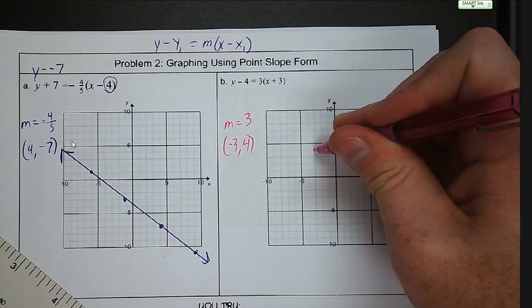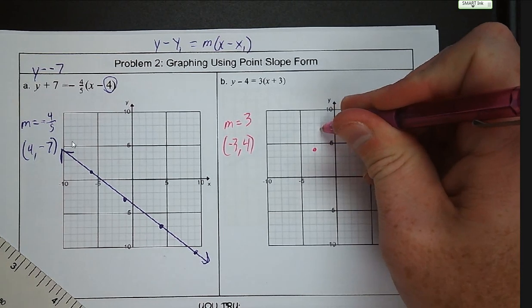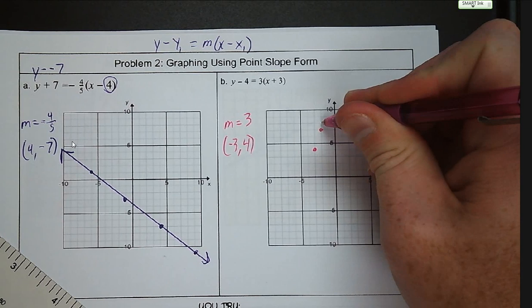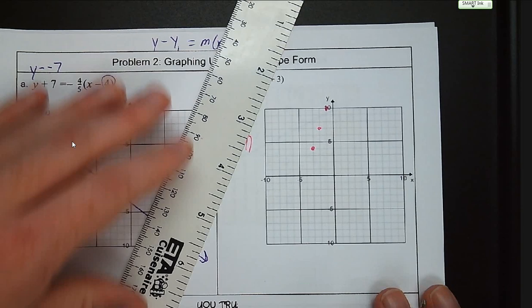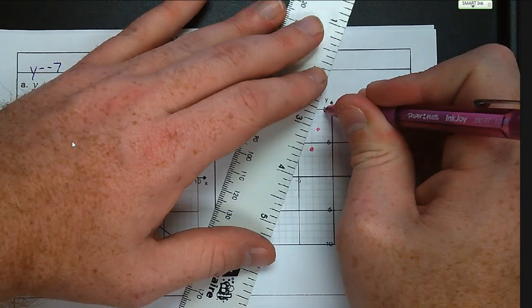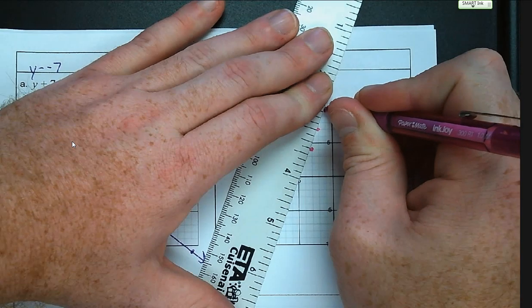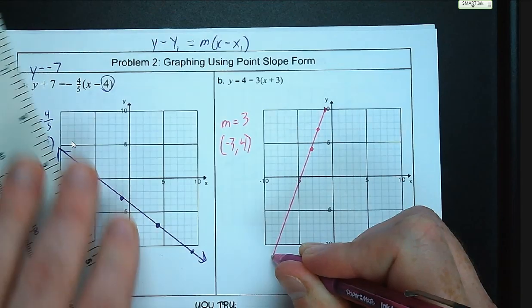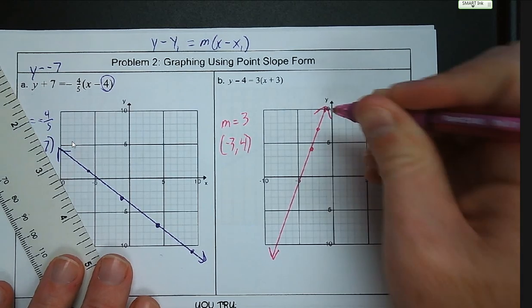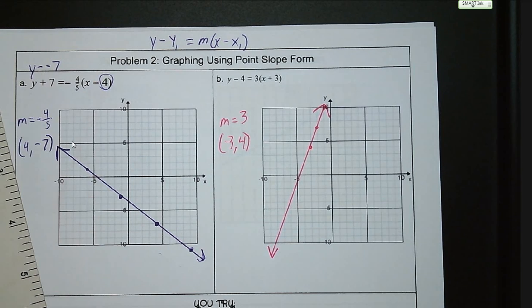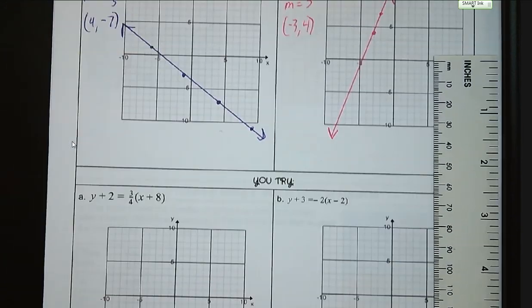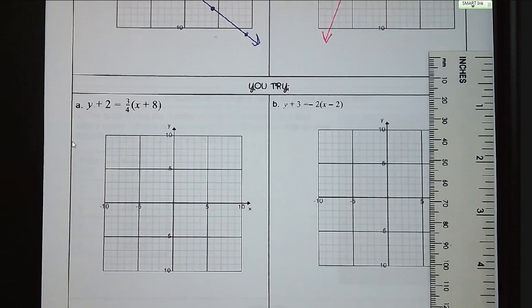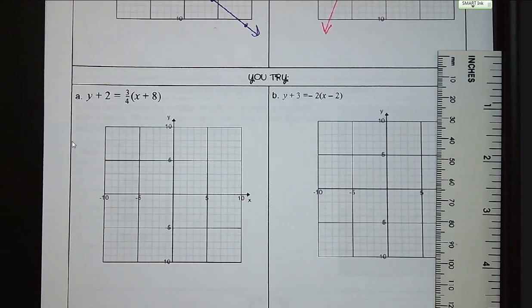So we go up 1, 2, 3 to the right 1, up 1, 2, 3 to the right 1. So now we've got 3 points, and we can use that to draw in our line. All right, arrows on the end, and it's to the edges of our grid.